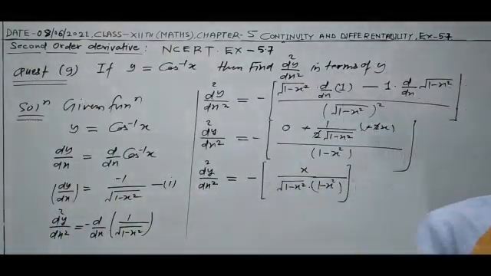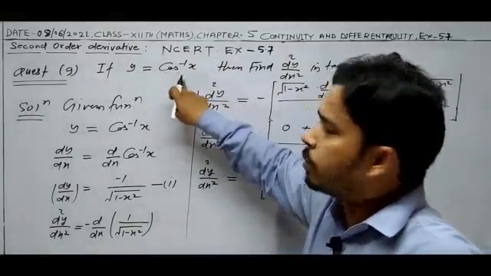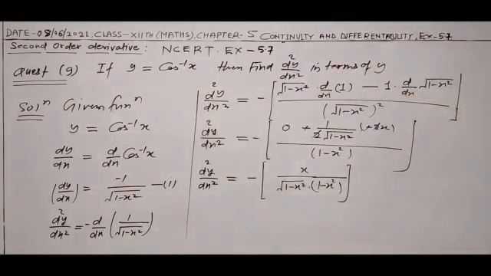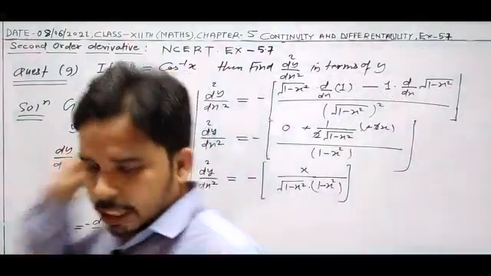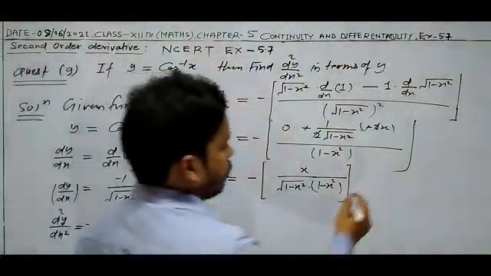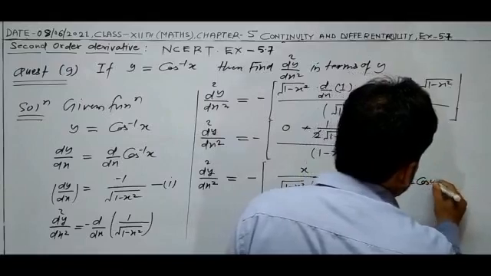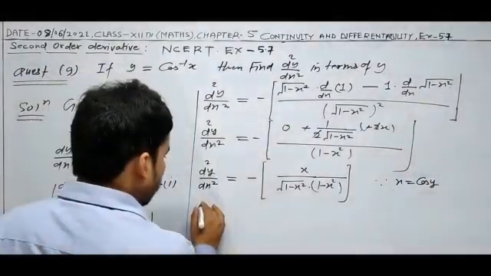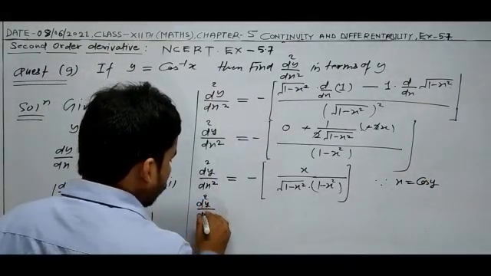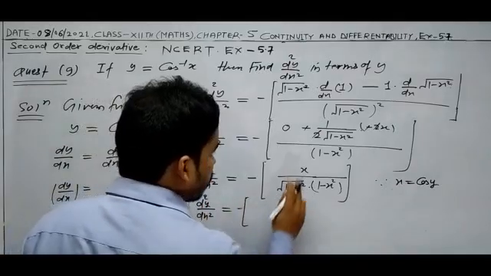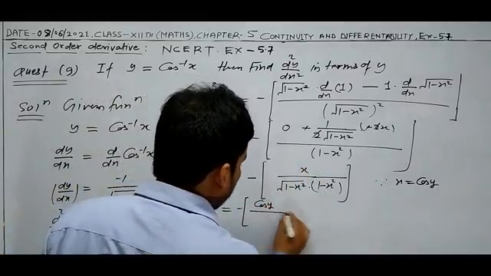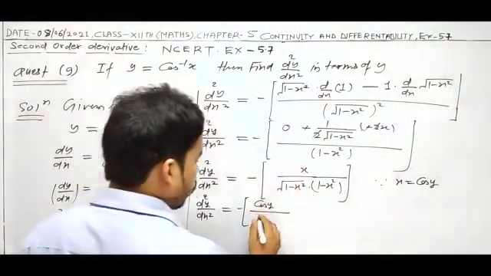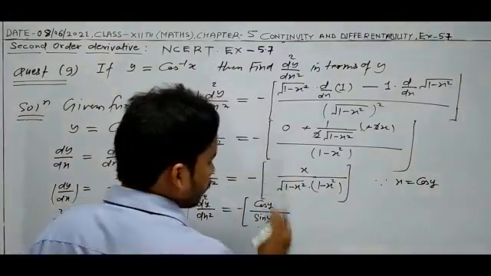Now the function y is equal to cos inverse x, then x is equal to cos y. Since x is equal to cos y, put the value of x. So the result will be d2y by dx2 is equal to minus cos y whole upon 1 minus cos square y, that is sin square y, and outside the square root the result will be sin y.